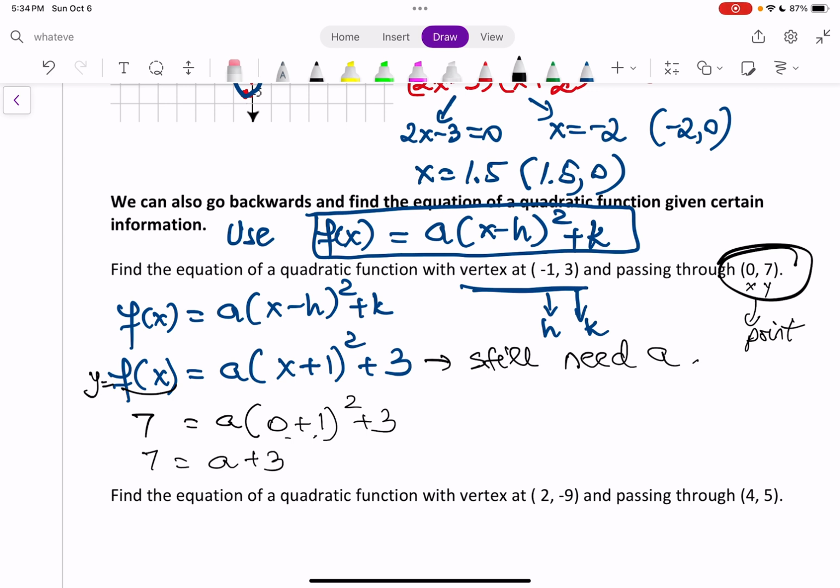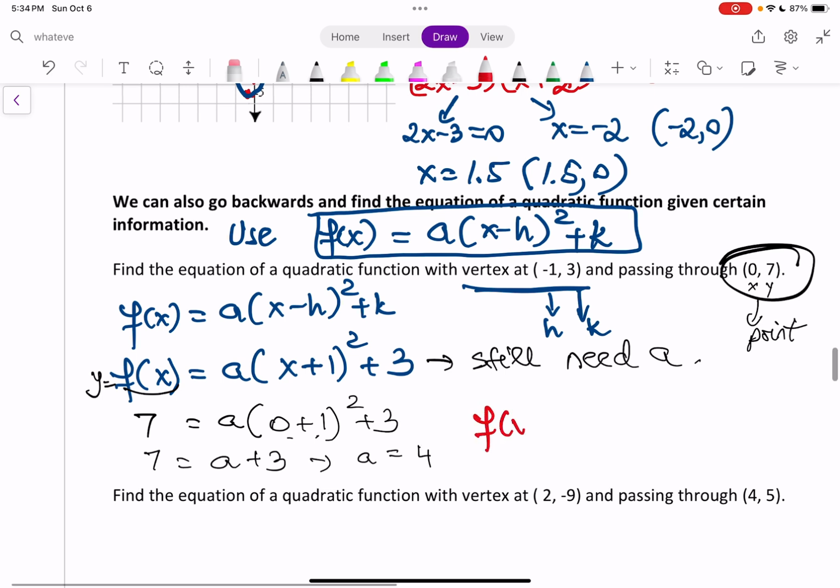A times 1 is a. So therefore, minusing 3 from both sides of the equation gives me that a is 4. So here is my quadratic function. You can write y equals, but a is 4, h is 1, and k is 3. That's all I need.